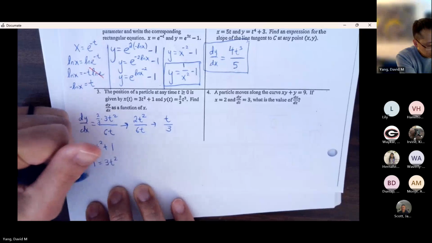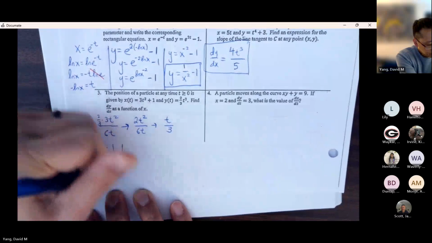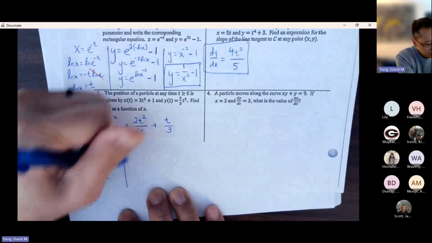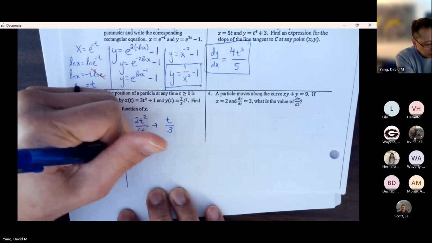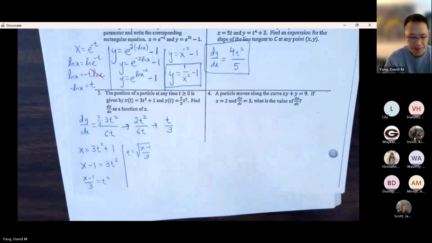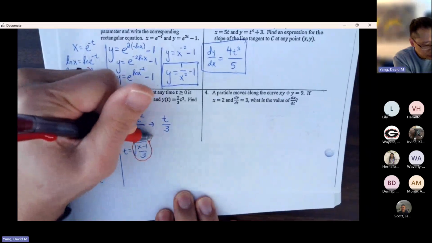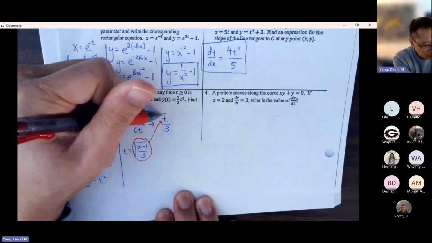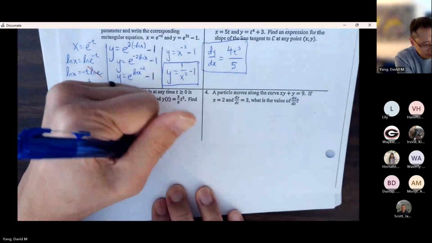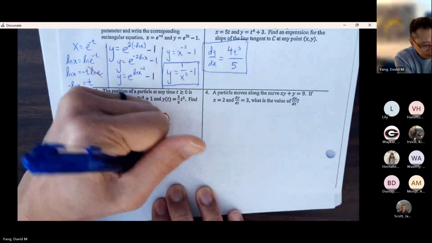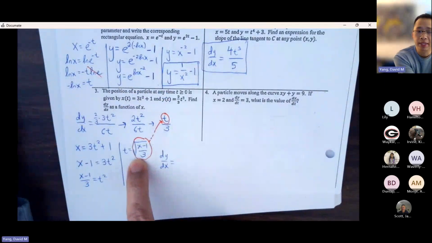Divide both sides by 3. Take the square root. Now I'm going to make a substitution here. This can go in for that. So it says t is greater than or equal to 0, so I know I'm going to take that plus.